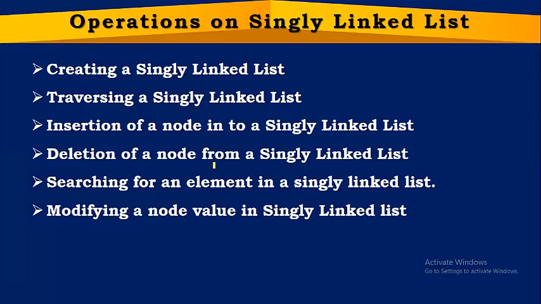Next, modifying a node value in a singly linked list. If you want to modify any node's data part, then you can go for this option. This operation is used for modifying a node's value in a singly linked list.